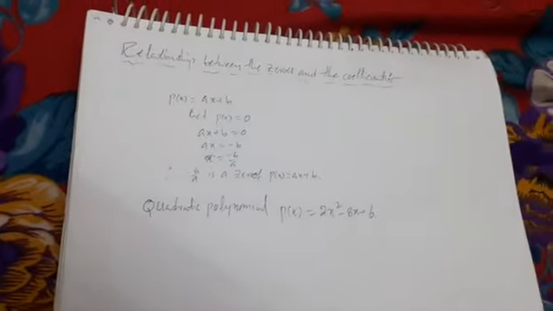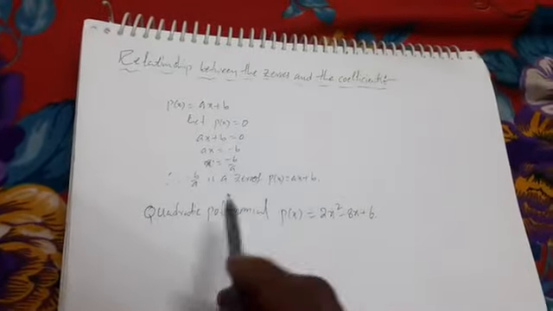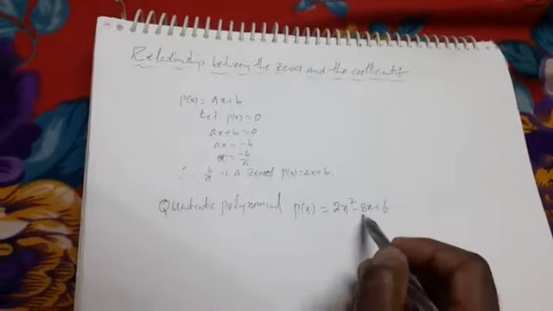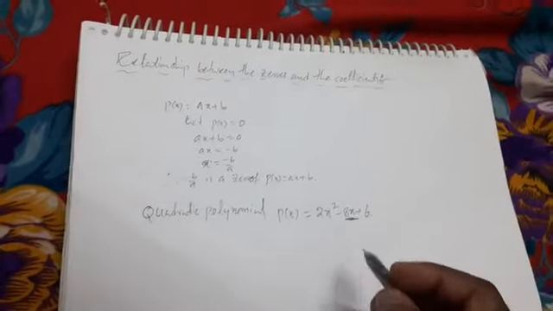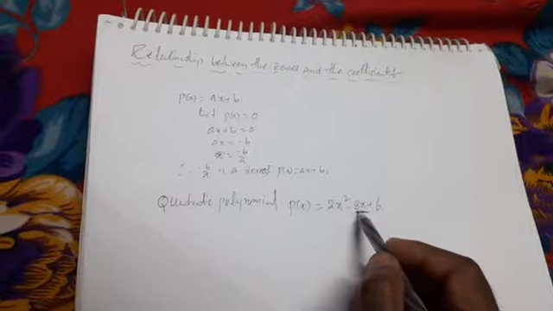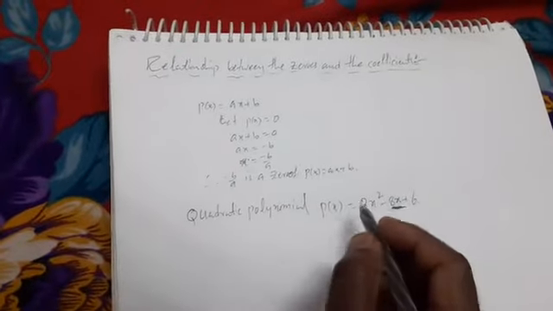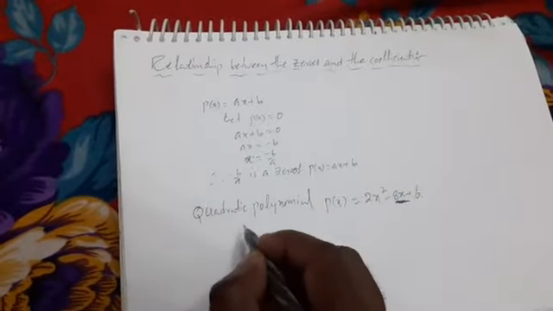In class 9th, we have learnt how to factorize a quadratic polynomial by splitting the middle term. So here we split the middle term minus 8x. Let's start the solution of the given quadratic polynomial.